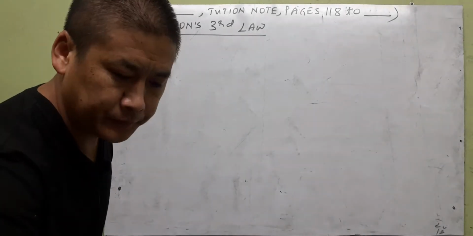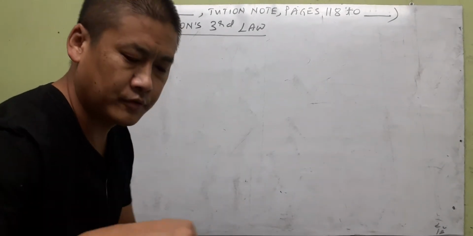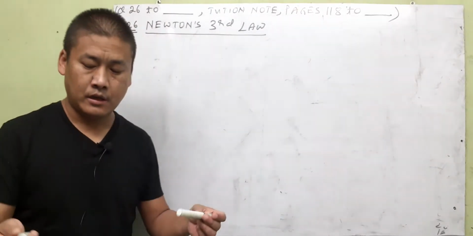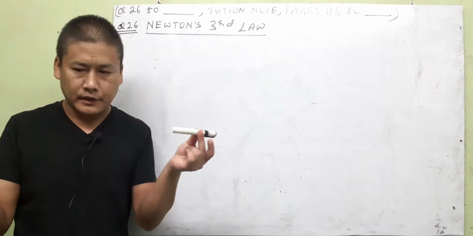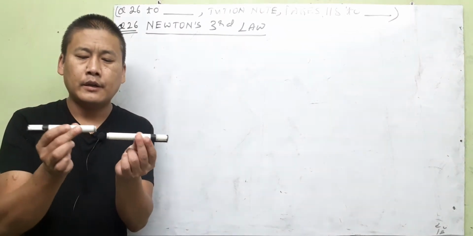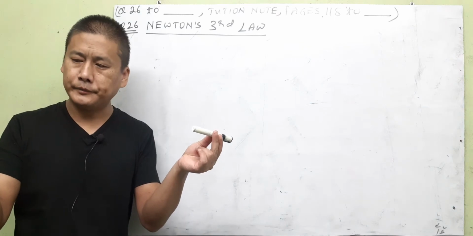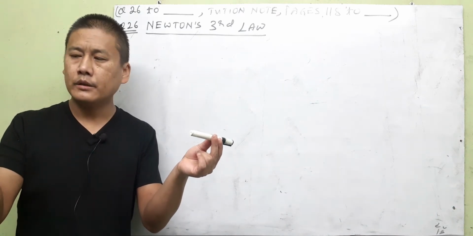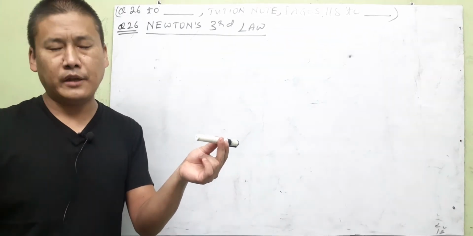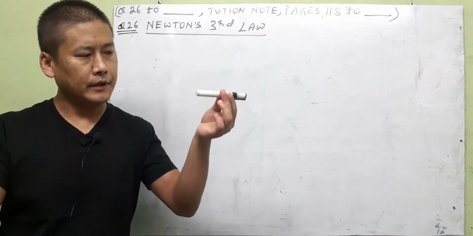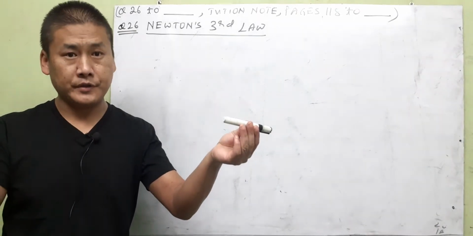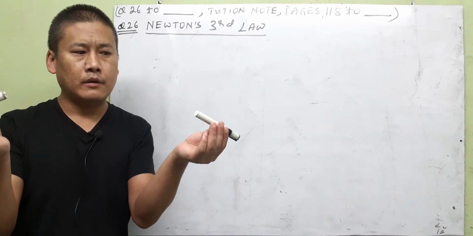Suppose I have here two objects, just to make us understand. Let us say these two are moving objects and they collide. Before they collide, this pen on my right hand has a force and a pen on my left hand has a force. They may be same or different, doesn't matter.